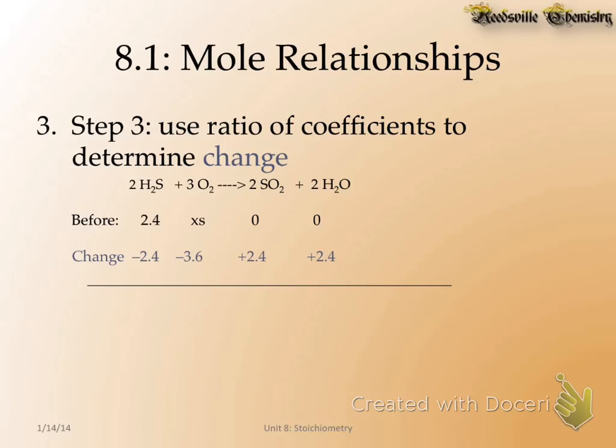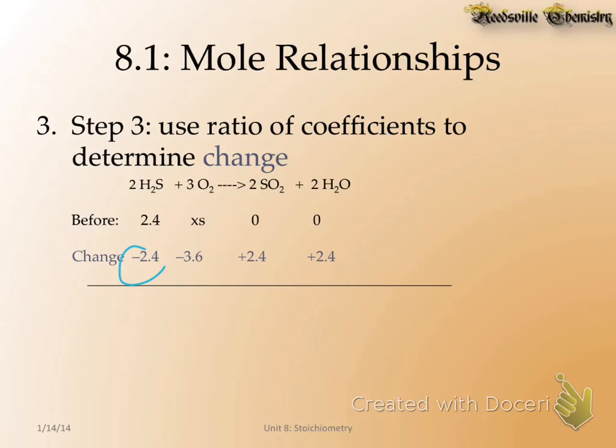So what about the right side? Where do the 2.4s come from on the right side? Well, if we are losing 2.4 moles of hydrogen sulfide, and the relationship between the moles of hydrogen sulfide and the moles of each product is 1 to 1. Look at it up here. It's a 2 to 2 to 2 relationship, which is the same as a 1 to 1 to 1 relationship. Then the amount of moles of the limiting reactant, hydrogen sulfide, will be equal to the amount of moles of the products produced.